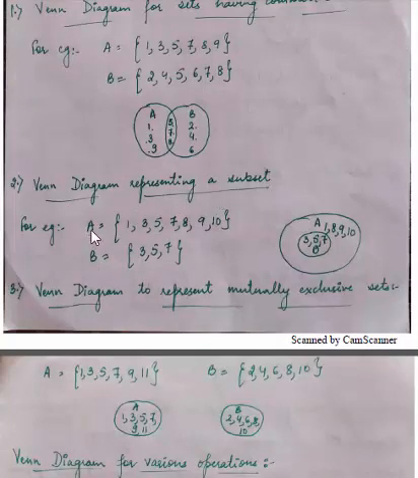Suppose set A has values 1, 3, 5, 7, 8, 9, 10 and B contains 3, 5 and 7. Using the Venn diagram, 3, 5, 7 is also contained by A. So the set B is a subset of A. This is set B and this whole is set A. So B is a subset of set A.